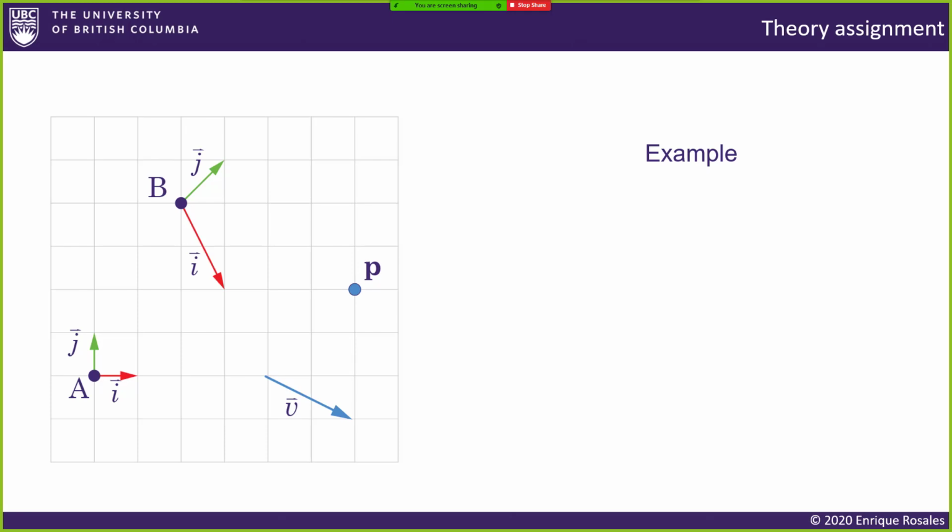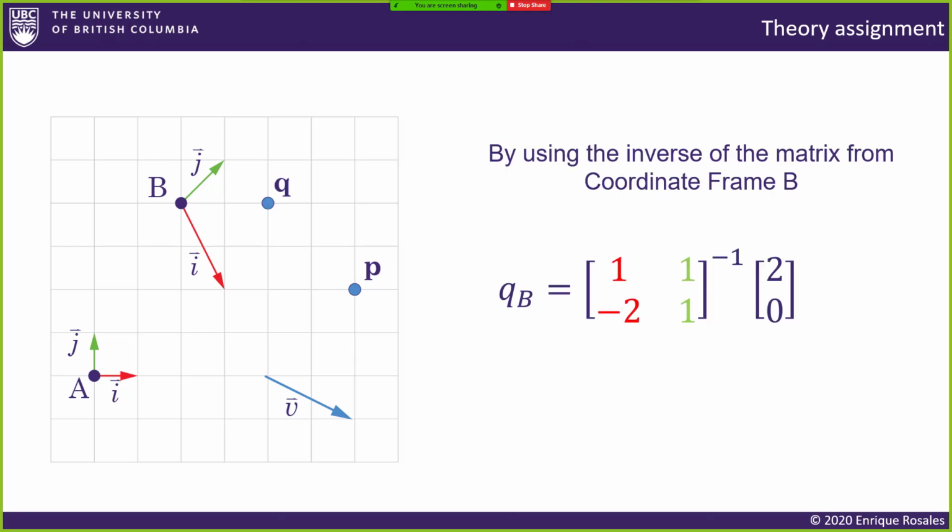Remember, I always need to end 10 minutes before. So let me just quickly mention what it is. This is an example of two coordinate frames, A and B, and we have a point P, a point Q, and a vector V.